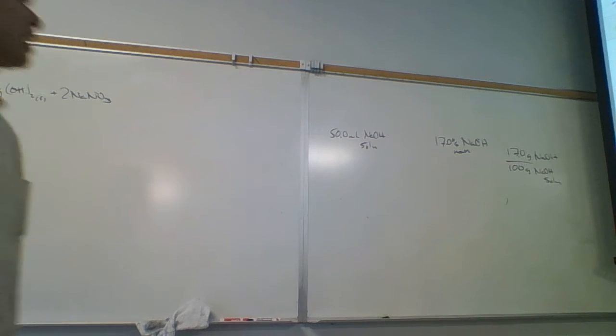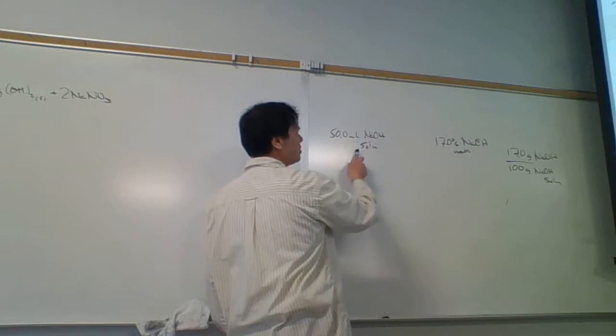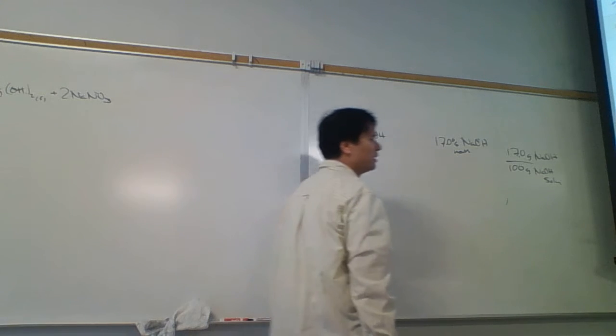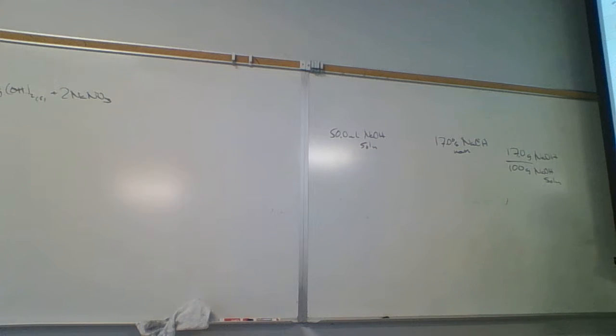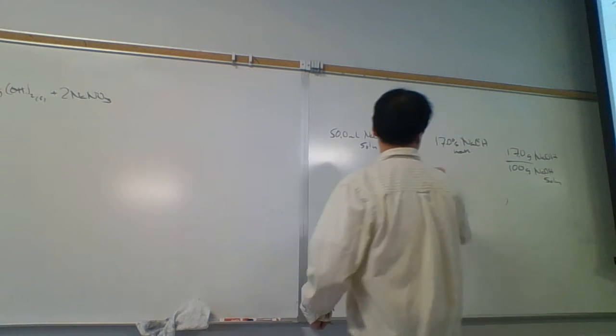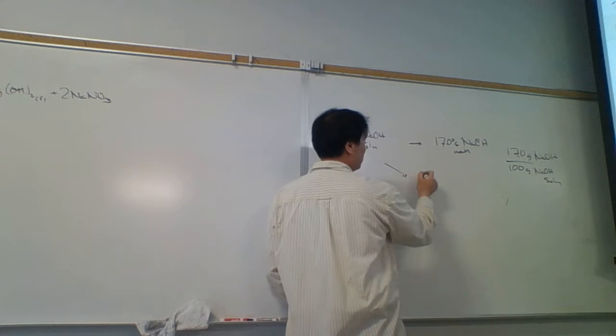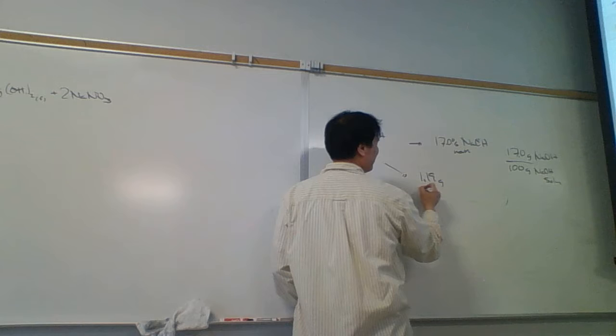But here I have milliliters of sodium hydroxide solution. I don't have grams. I need grams of sodium hydroxide solution, but they give us one more. They tell us the density of this sodium hydroxide solution. And so I know the composition and I know the density of this. The density is 1.19 grams per milliliter.